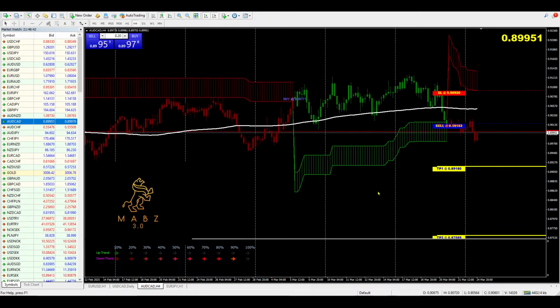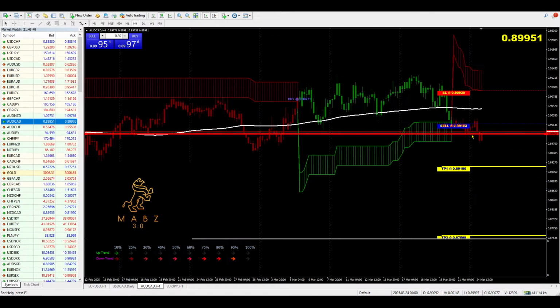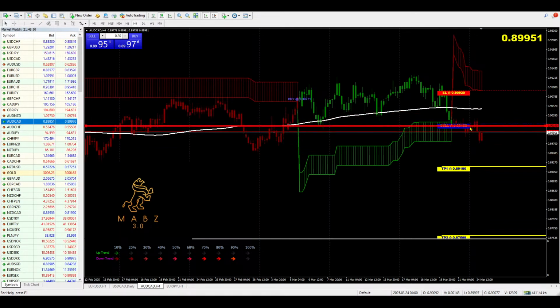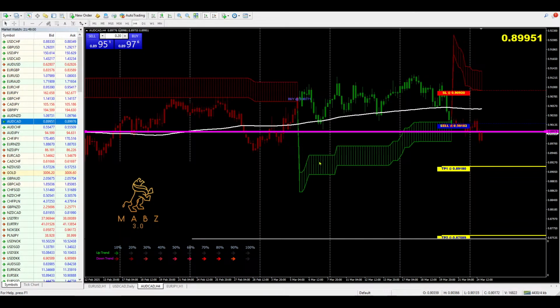Obviously, in order for us to take a trade, we need to have a sell entry, a stop loss and some take profit levels. So if we were to enter the market where it currently is, I'm going to make that purple. Then we would put our stop loss up there, just follow the system, and I'm going to make that red.